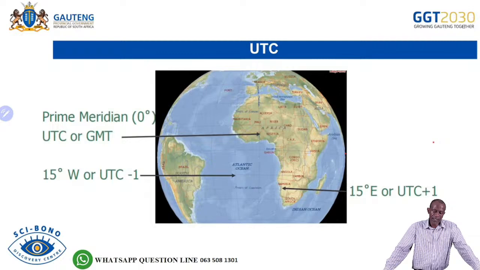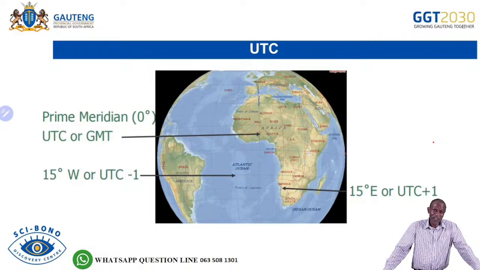The prime meridian is located in the middle at 0 degrees, and when you move westward to the next line of longitude from the 0 degrees longitude, it is at 15 degrees west, and it is -1.